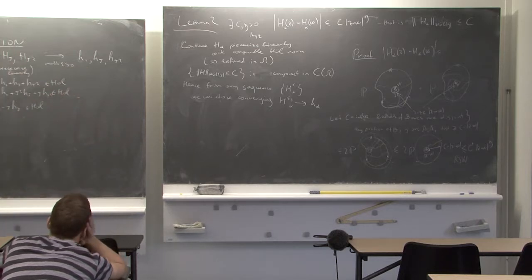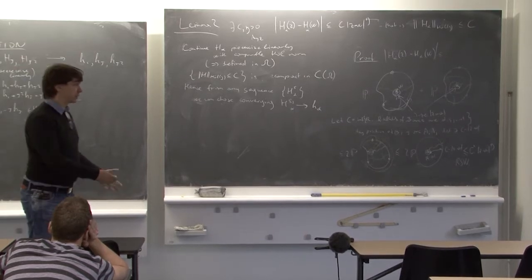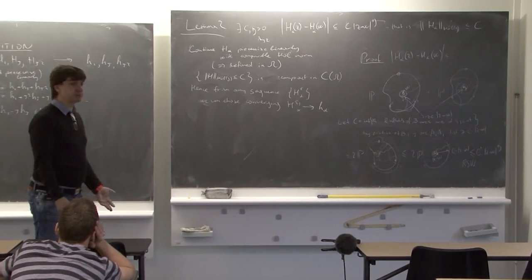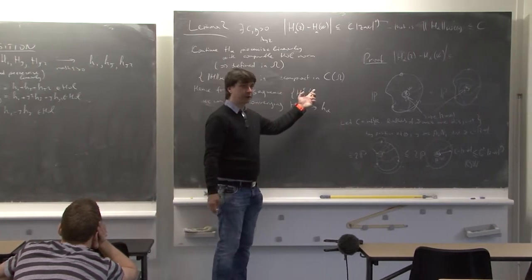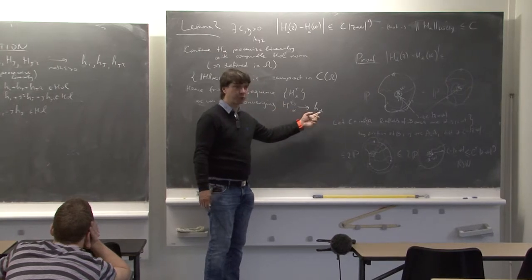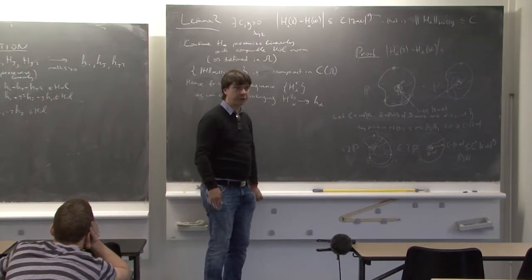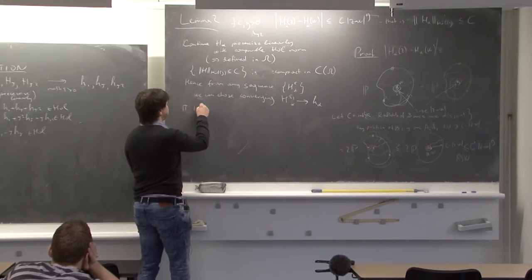So it's the same trick as we did for SLE. We have compactness, so we can always choose converging subsequences. Instead of showing that our functions converge somewhere, it's enough to show that if they converge, then they converge where we want them to. So it's enough to assume convergence. This is the big thing of this lemma.